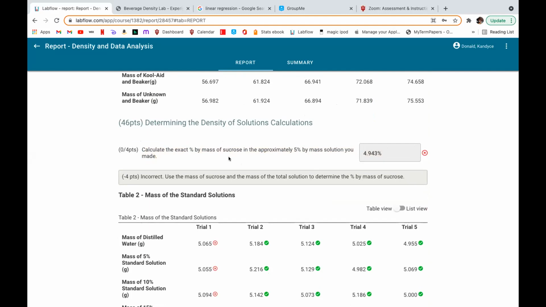I think it's mass of the solute divided by mass of the solute times mass of the solution, right? To calculate the approximate mass for sucrose, use the mass of sucrose and the mass of the total solution. You said it should be mass of sucrose over mass of total solution.